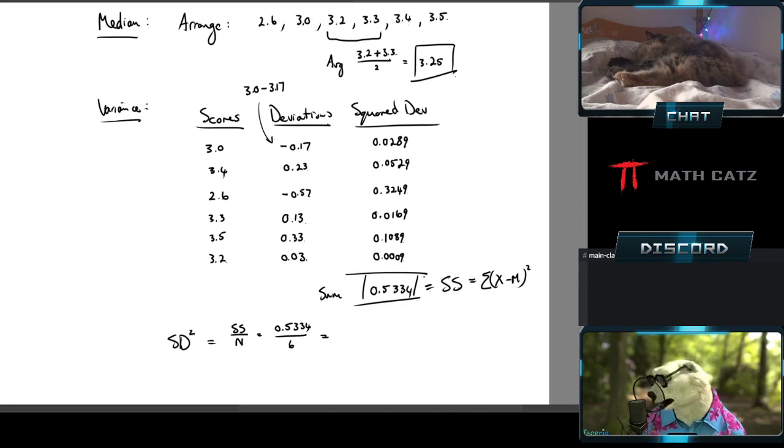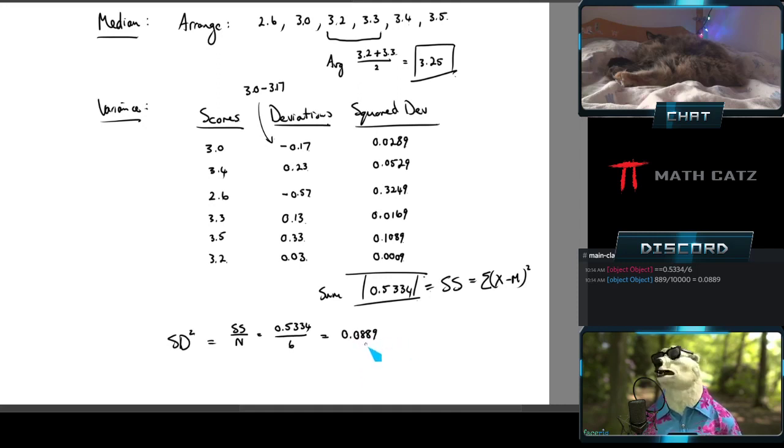Calculator time again. 0.5334 divided by 6. Now, be careful here as well. People often make rounding mistakes and they don't realize that if I round something and use it in the future, then my answer won't be correct. This is what I get.